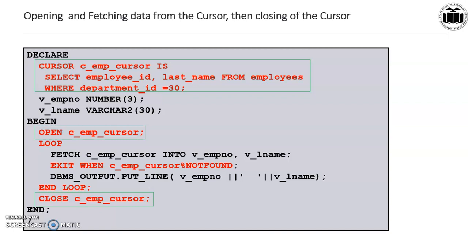After that, one loop gets started. It is a simple loop. The next step is fetch cursor name into V_EMPNO and V_LName and semicolon. So here this C_EMP cursor, that is nothing but the cursor name, is referring to the active set, and the active set has the employee ID and last name of those employees where department ID is equal to 30.